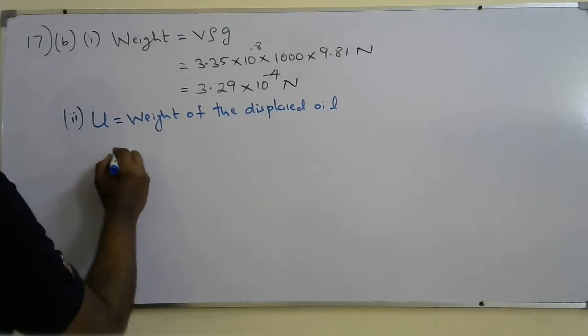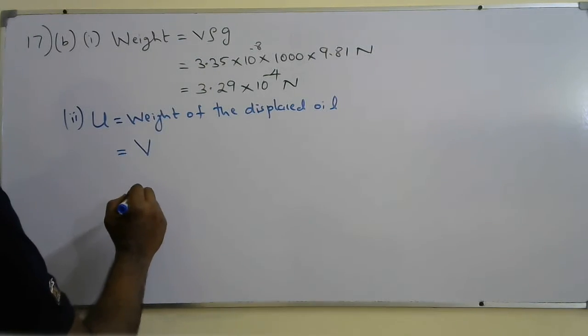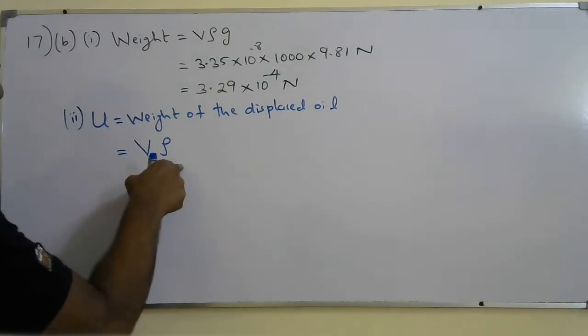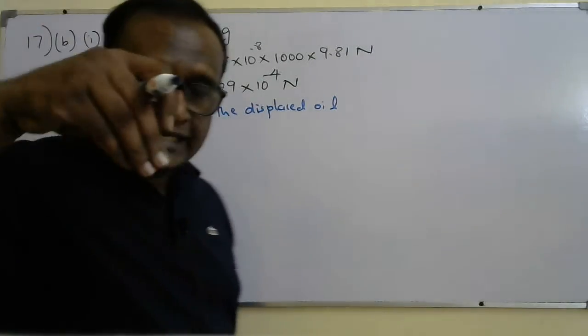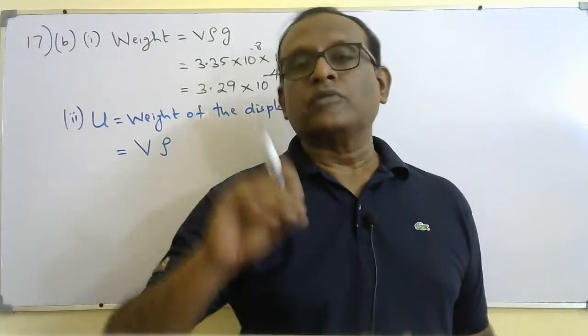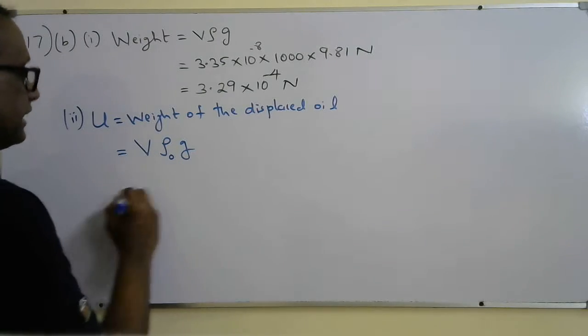The volume displaced is the same as the volume of the water droplet, because the droplet is completely inside the oil, but with the density of the oil, into g.